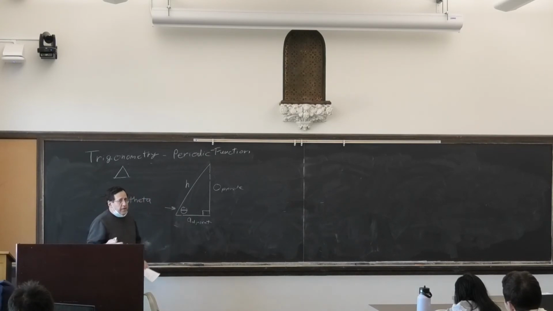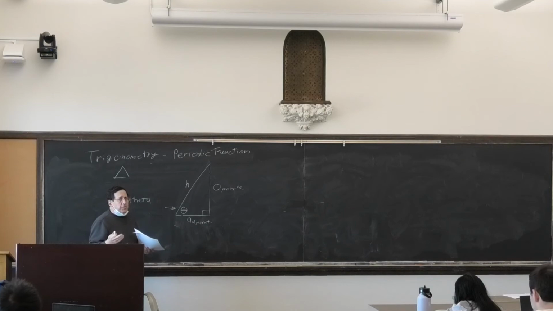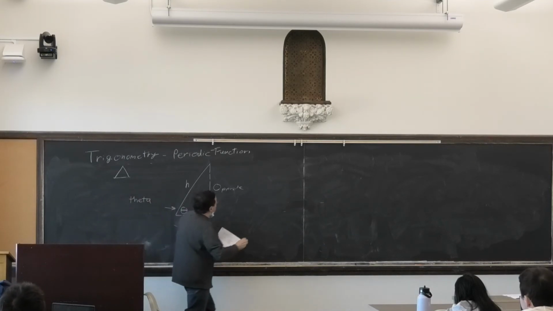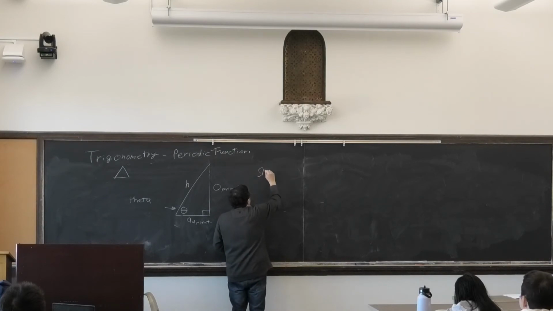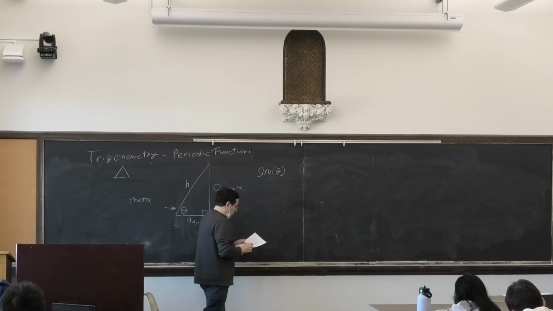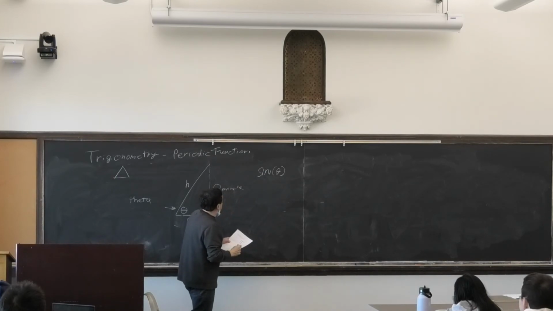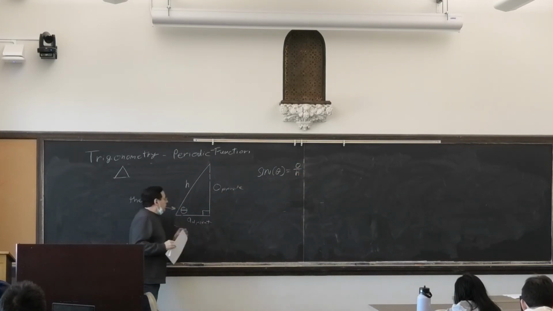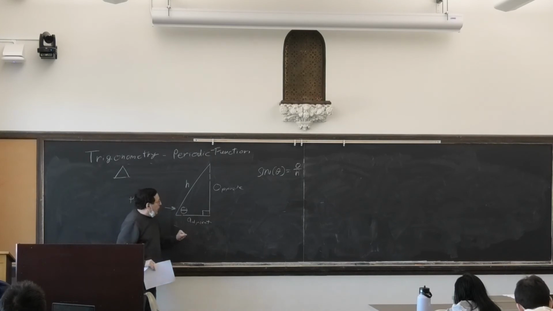And we're going to define, for starters, three functions of the angle. First being the sine of the angle, and we define that as O over H. I want to be clear on why we can do that. It doesn't matter what size the triangle is.